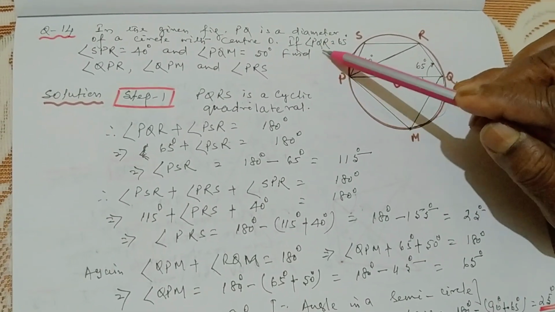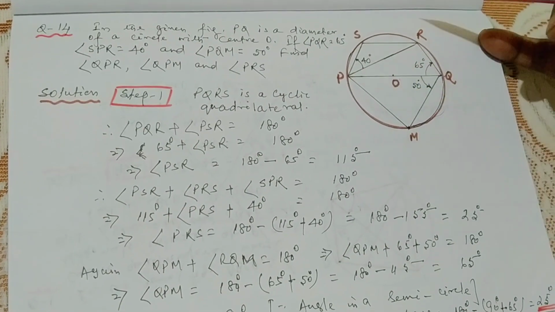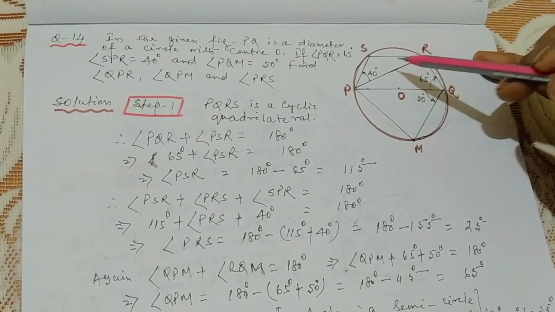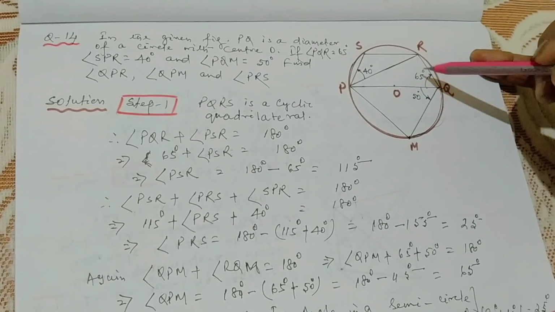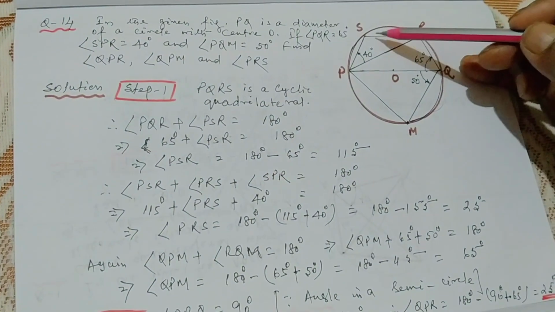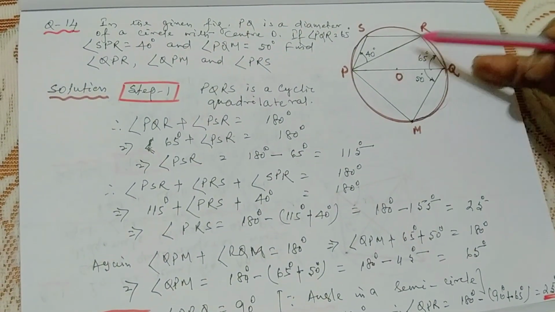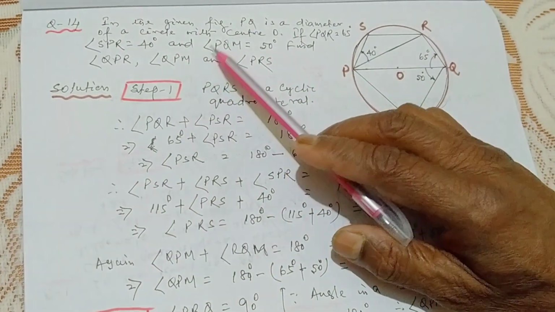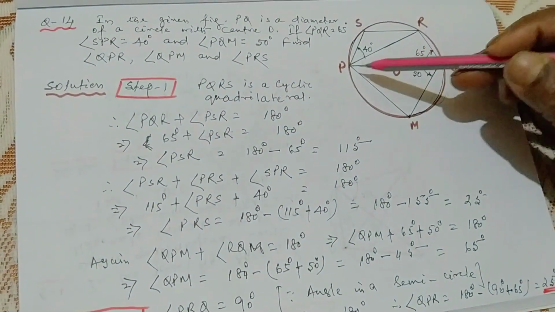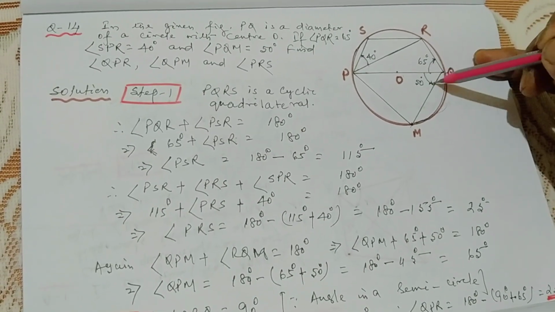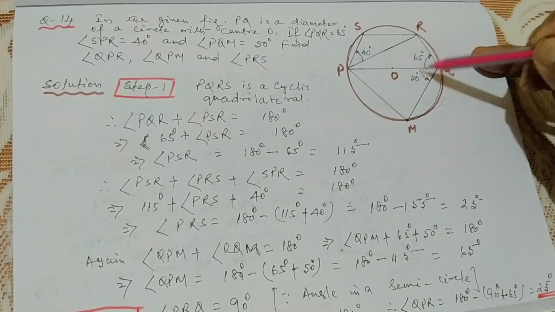If angle PQR is equal to 65 degree, angle SPR is 40 degree, it is given in the question, and angle PQM is equal to 50 degree, it is given in the question.